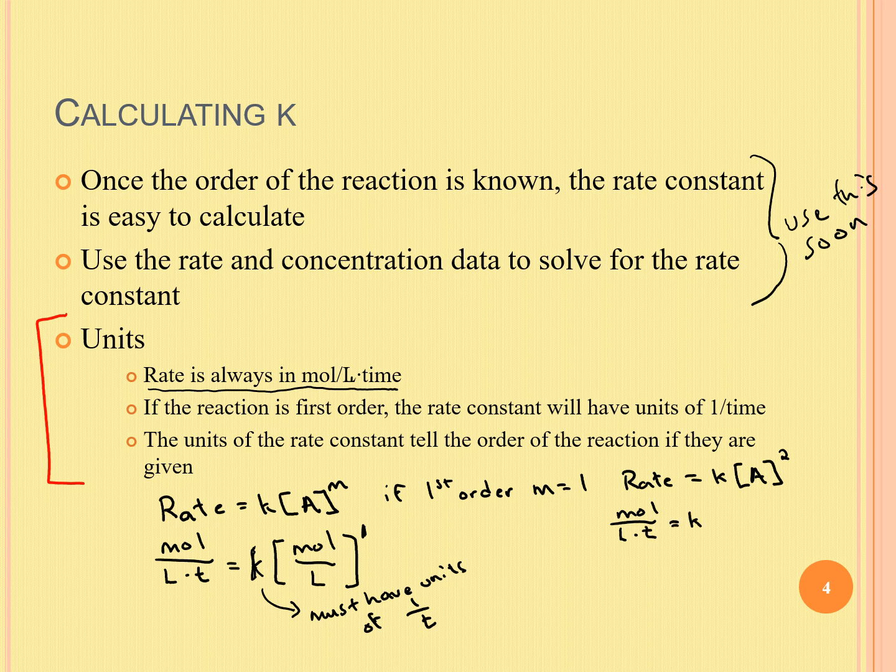We're looking for the units of K, and A is still moles over liters, but notice that it's second order, so we're going to square these two things. Well, the only way that I can get the units to be the same on both sides is if the units of K are liters over moles times time.